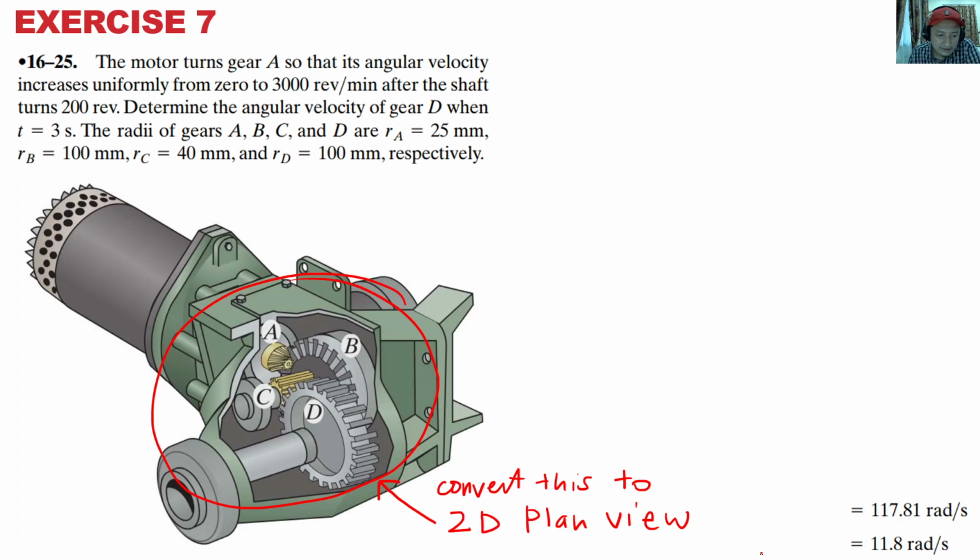If you cannot convert this to a 2D plan view, you cannot solve this system. So take a break, pause the video and draw on your own. What does this look like if you are looking from the top? Look from the top. What do you see in a 2D plan view?